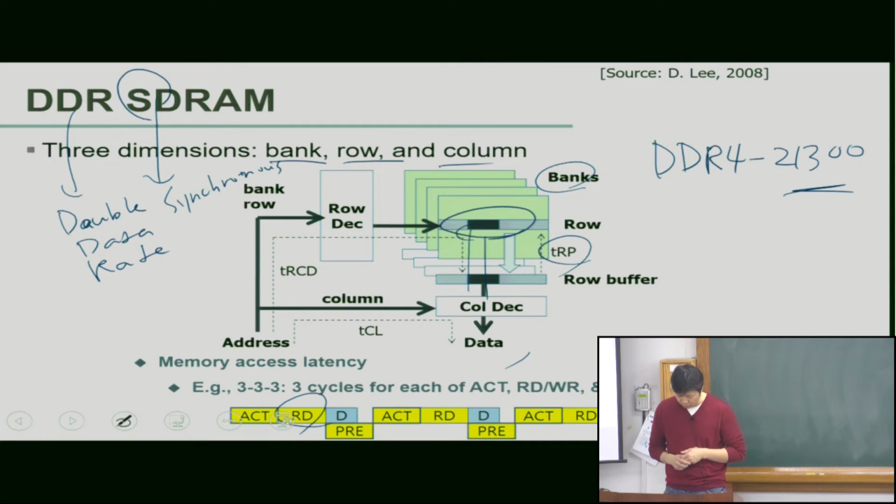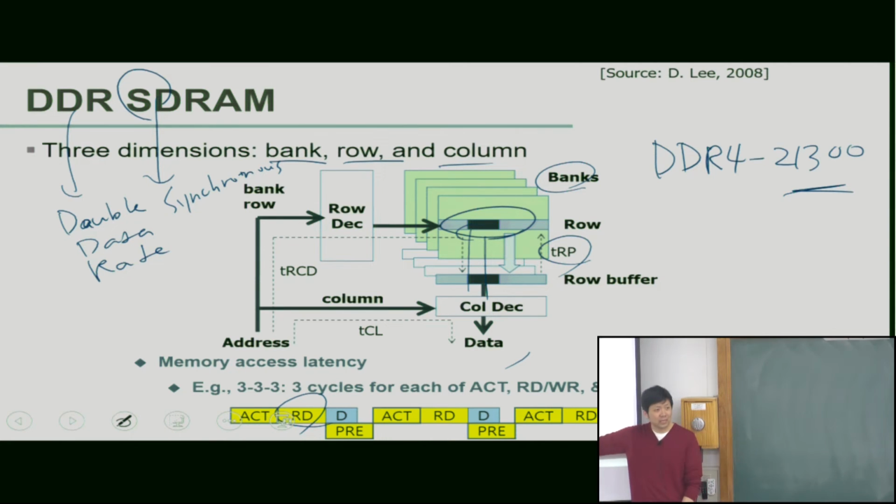Then you can repeat these things again and again. Now you can activate a new row and read a specific column, and then you do pre-charge, and then you activate a new row, and then you read another column, and then you pre-charge again. You repeat this process. 이 3개의 커맨드의 의미는 아시겠어요?